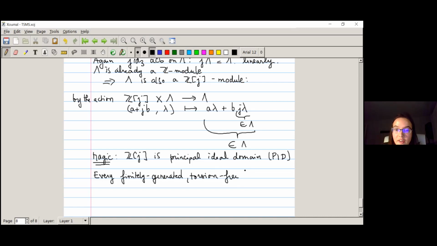So every finitely generated torsion free module over a PID is just the PID to some power.